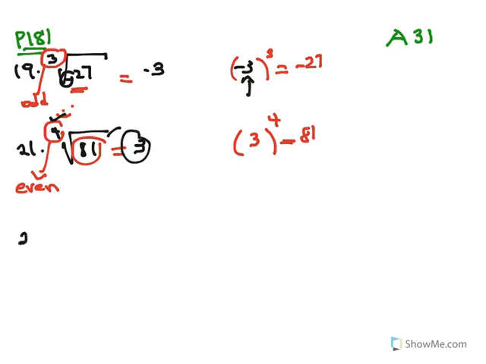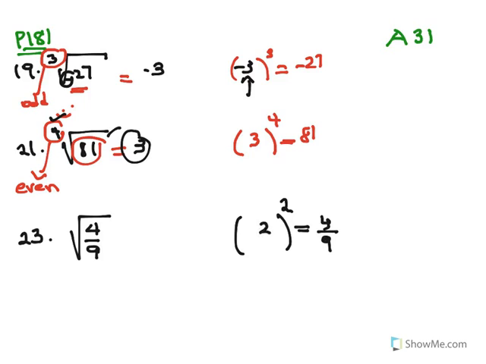Now let's go to problem number 23. We're talking about the square root of 4/9. Yes? So again, I'm talking about a number that, set to the second power, will give me 4/9. So what number set to the second power will give me 4/9? Well, I know what that is.